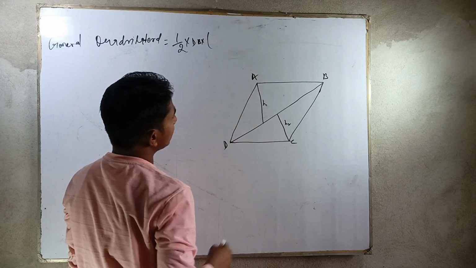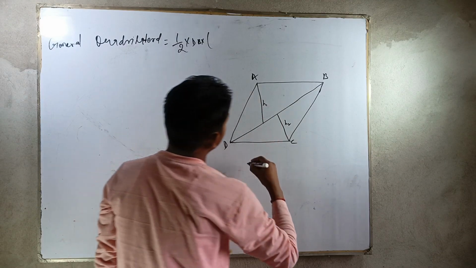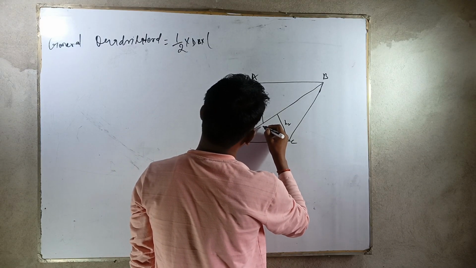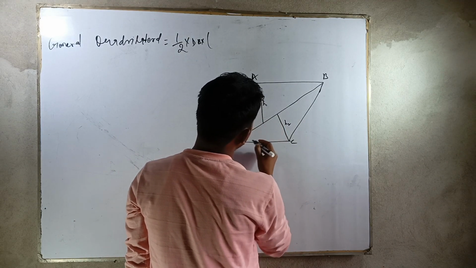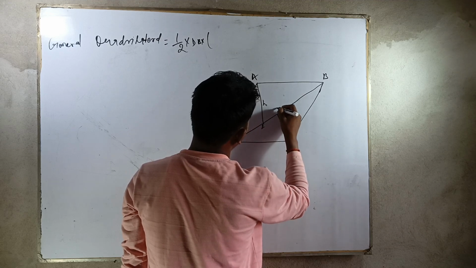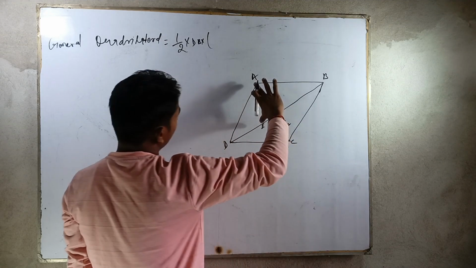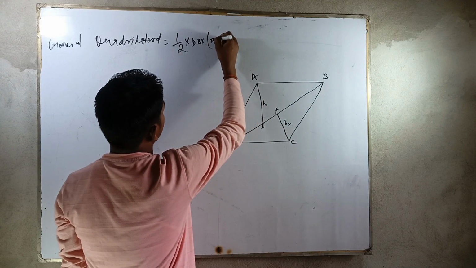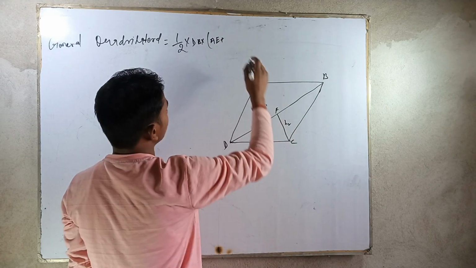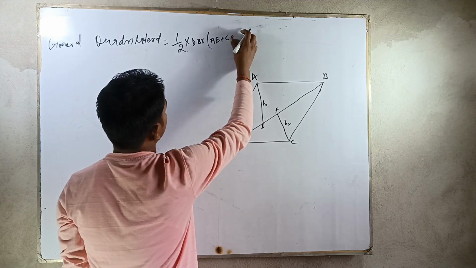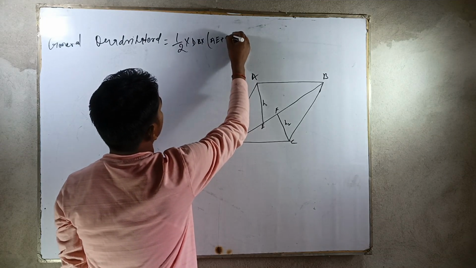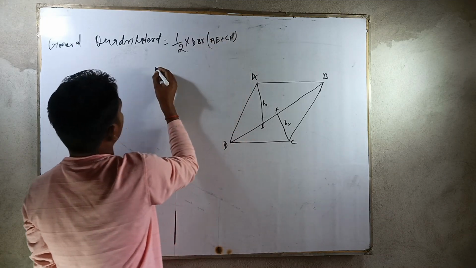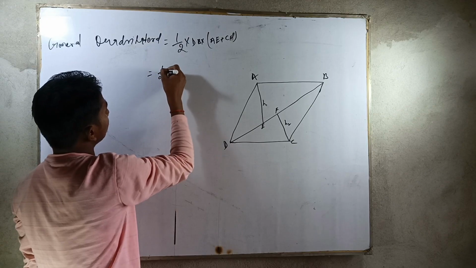Next, if I write here E, F, then one height is AE and this one is CF. What will be its length?